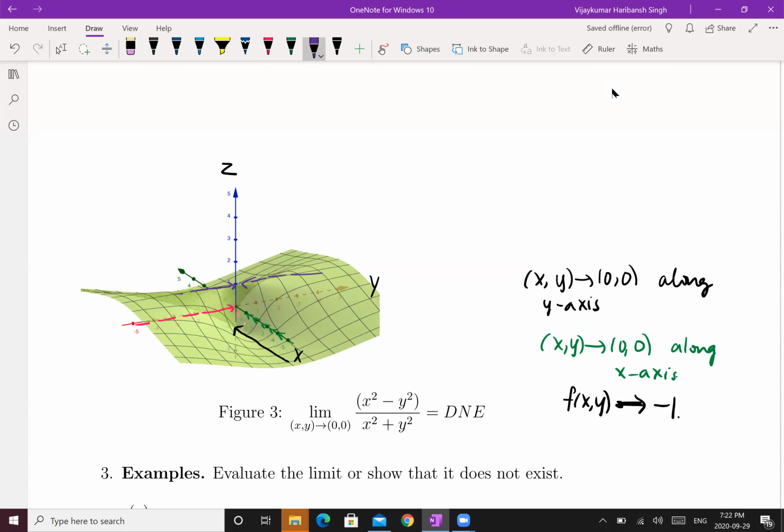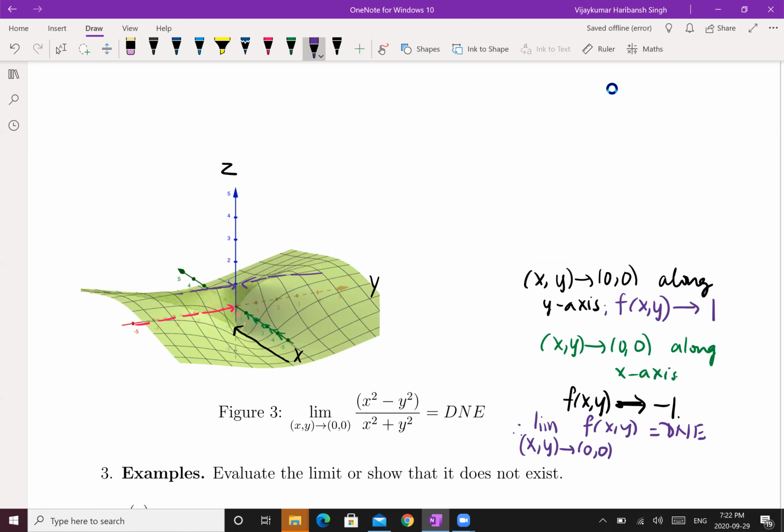So you see, as (x, y) goes to (0, 0) along the y-axis, f(x, y) goes to 1. So along two paths, the limits are different. Therefore, the limit as (x, y) goes to (0, 0) of f(x, y) does not exist, because if this limit exists, it should be independent of the path.